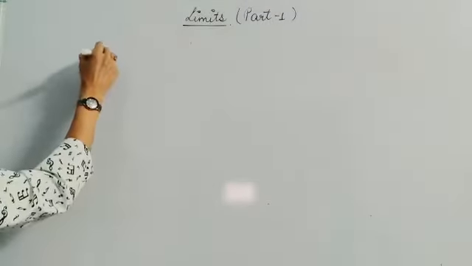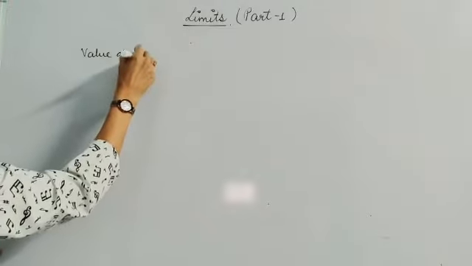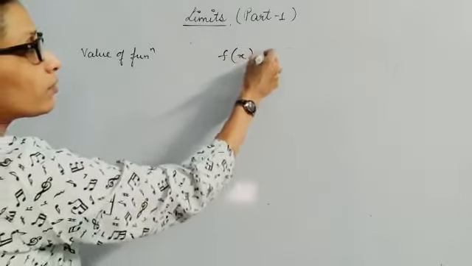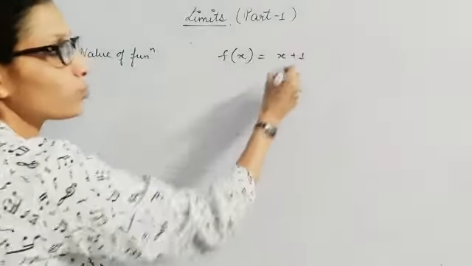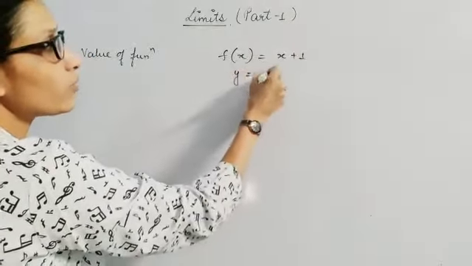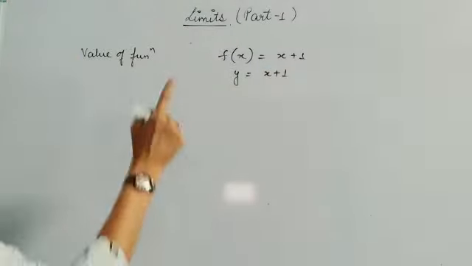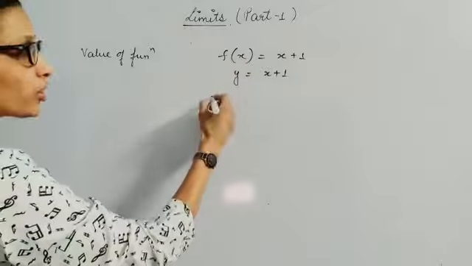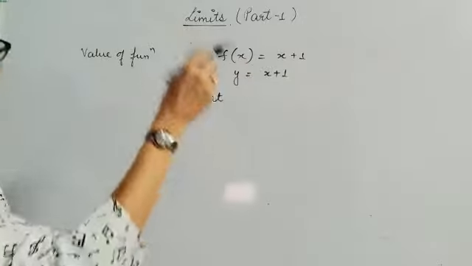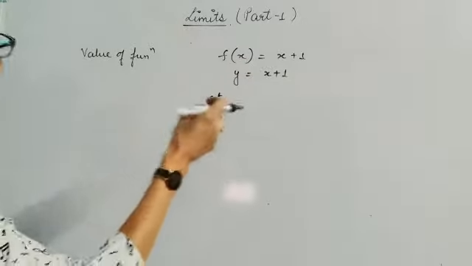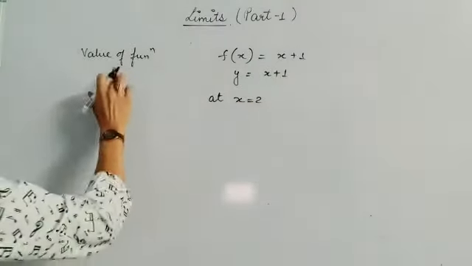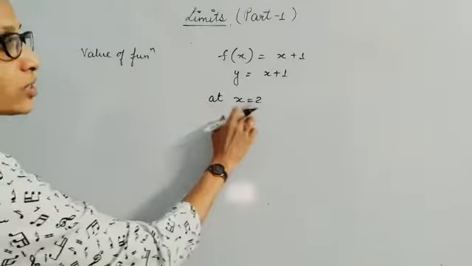By value of a function, I mean, let's suppose a function is defined by f(x) = x + 1, which can also be written as y = x + 1. If I want to calculate the value of the given function at some exact or particular point, let's suppose I am trying to find the value of the function at x = 2.